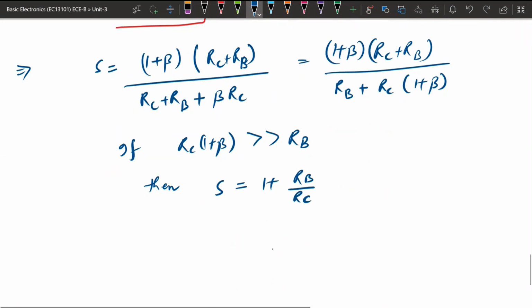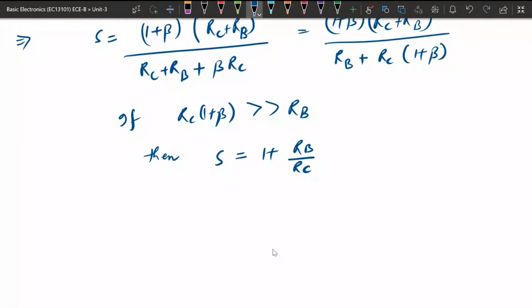So we can see that stability is going to be decided by the RB and RC values. That implies if RB is reducing and RC is increasing, then the S value is going to decrease. That means S decreasing means the stability will be high in that case.